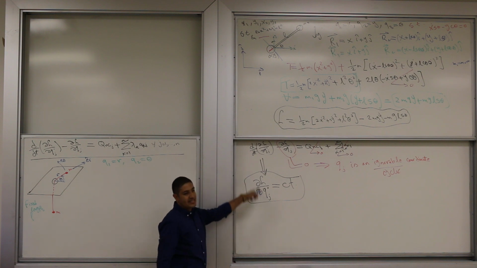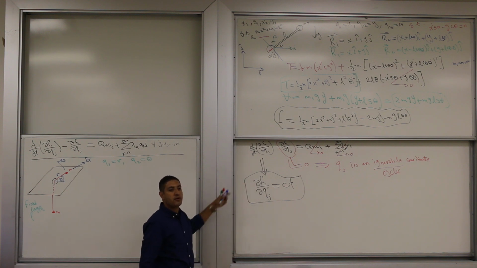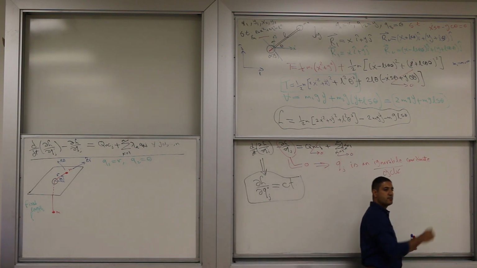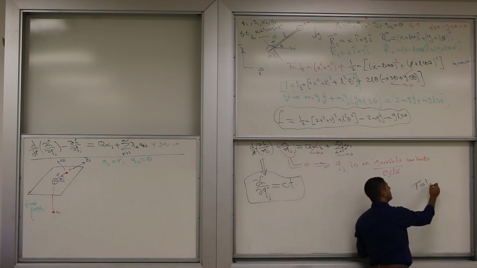What does it represent? Partial L, partial Qj dot. What does it represent? Let's have the simplest example ever. Just 1D, x position and v velocity. Your kinetic energy is 1/2 mv squared.